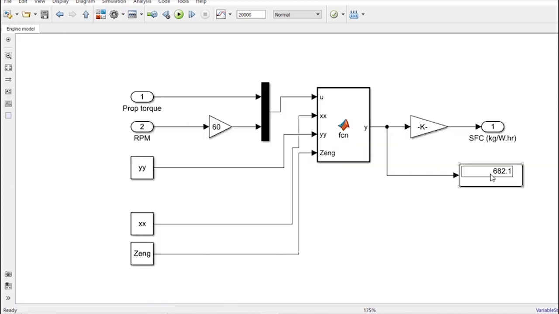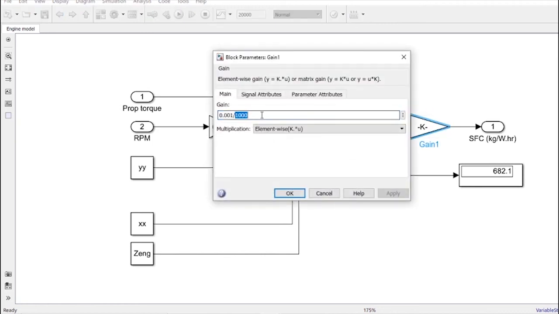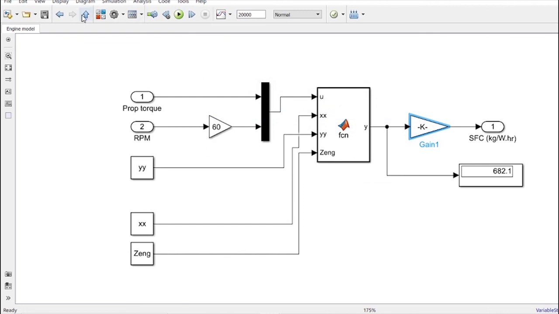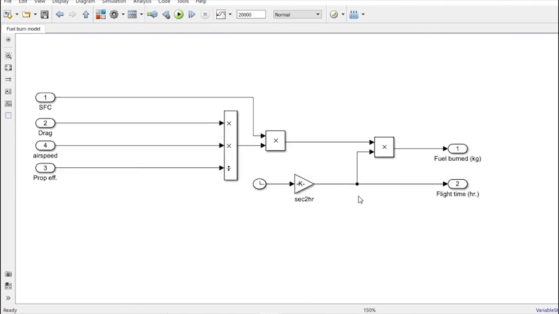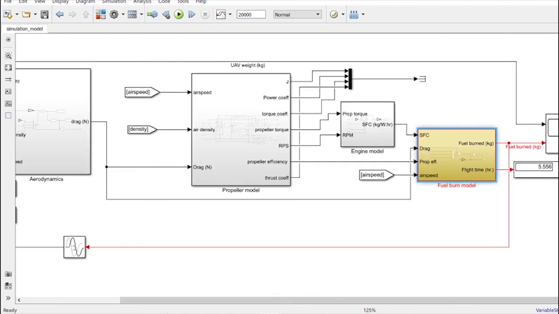Also, we know that the specific fuel consumption value produced here is 682 gram per kilowatt hour, which on converting it to our SI units would give us the corrected value. And then we also have the flight time, that is 5.56 hours with 15 kgs of fuel.